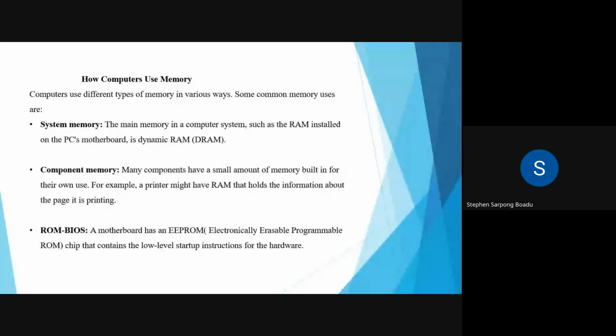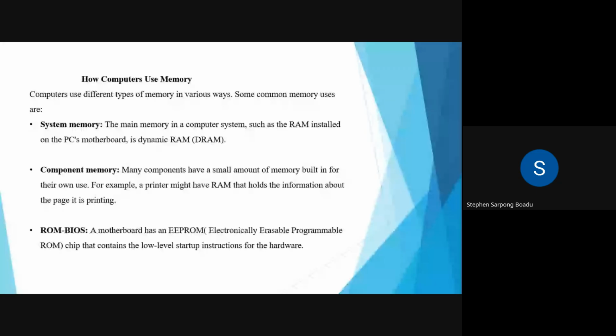Then the next one is the read-only memory BIOS. I think last week we spoke about the BIOS, the basic input-output. It's the first software that runs when you turn on your PC, right? So this is a memory on the motherboard that has startup instructions.